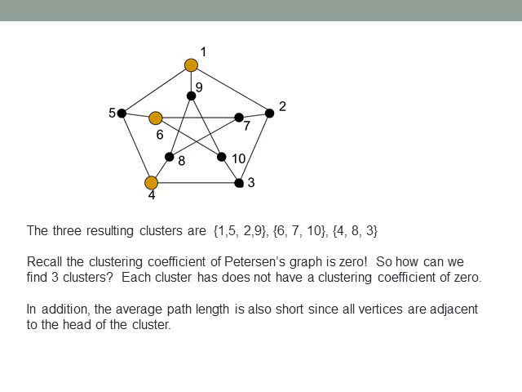What we can do when we have these clusters is we can find subgraphs that are relatively dense compared to the graph itself. In addition, these individual clusters have a short average path length because they are all adjacent to the head.